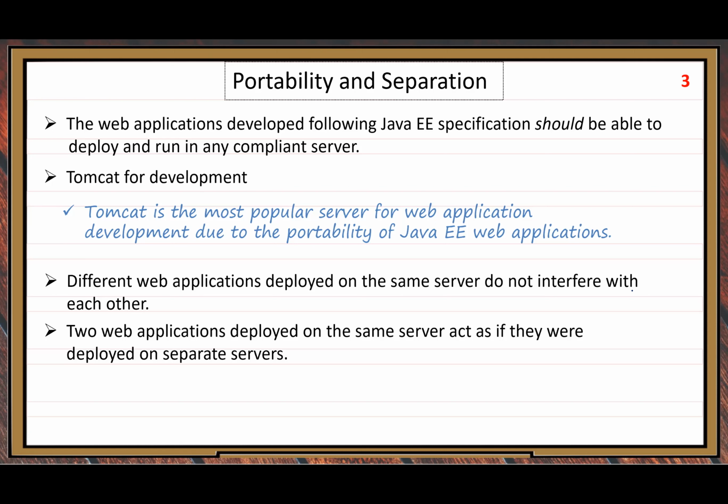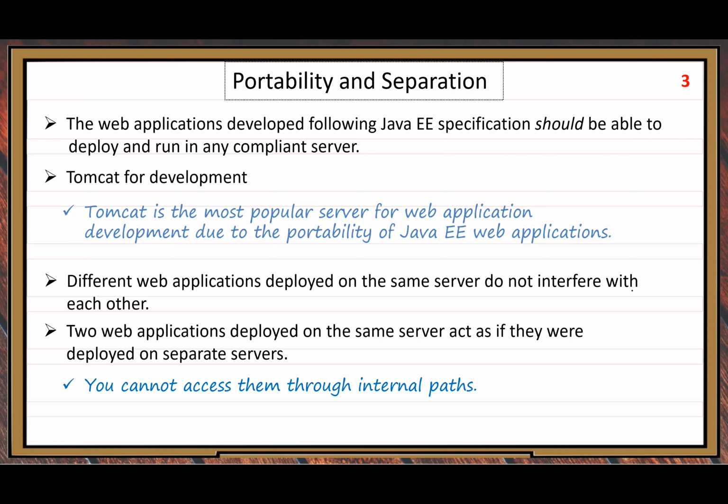The DNS will send the IP address back, so you use that to access a different web application. It sits in the same server, but you treat it as a different server. The way it works is just like working on a different server. So that's the meaning of the separation.